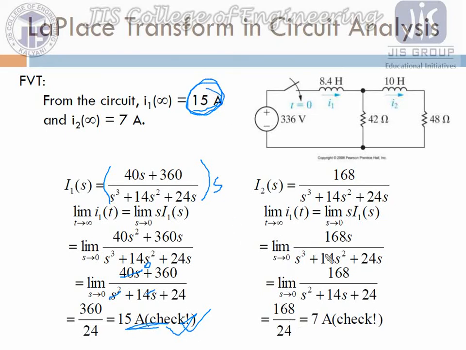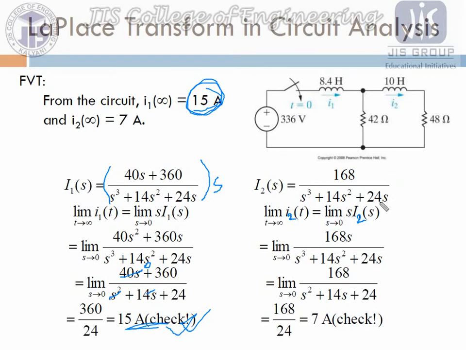Okay. Similarly, for the I2 current, again we can see the values there, and as per the final value theorem, it is the limit as t tends to infinity of I2 of t, and it will be s into I2 of s.